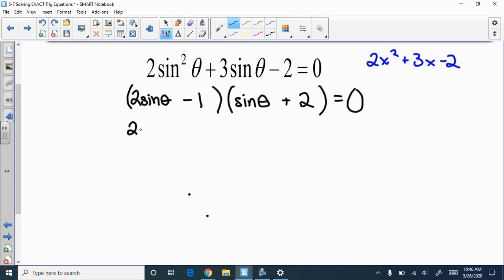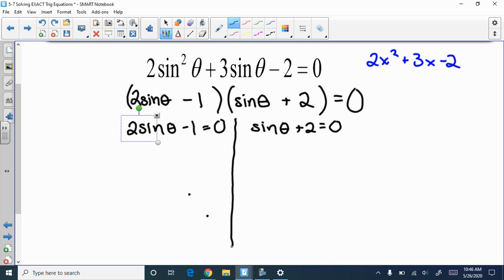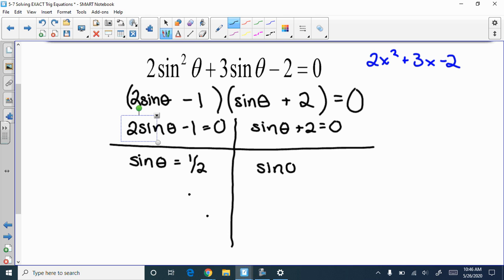And so now I'm going to set each of my factors equal to 0. So sine of theta is going to equal 1/2, and sine of theta could equal negative 2. When does sine of theta equal 1/2?